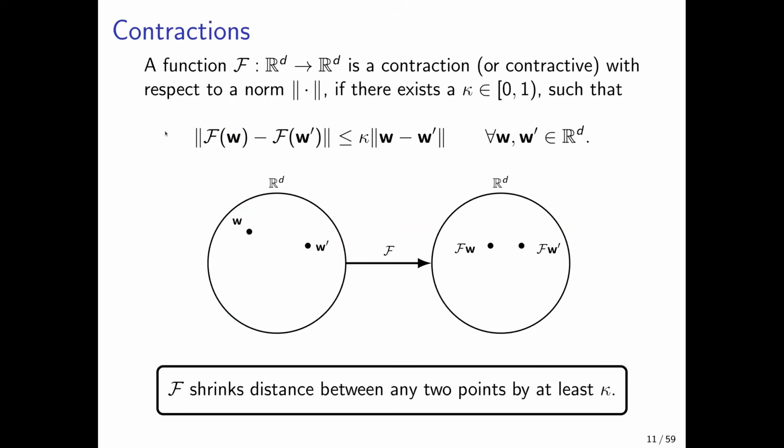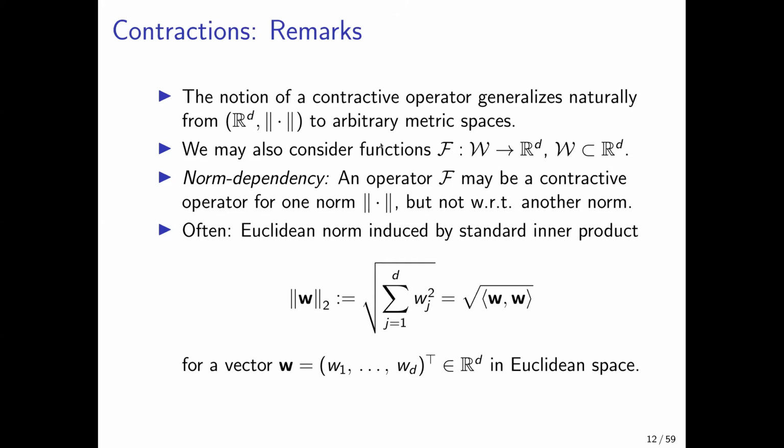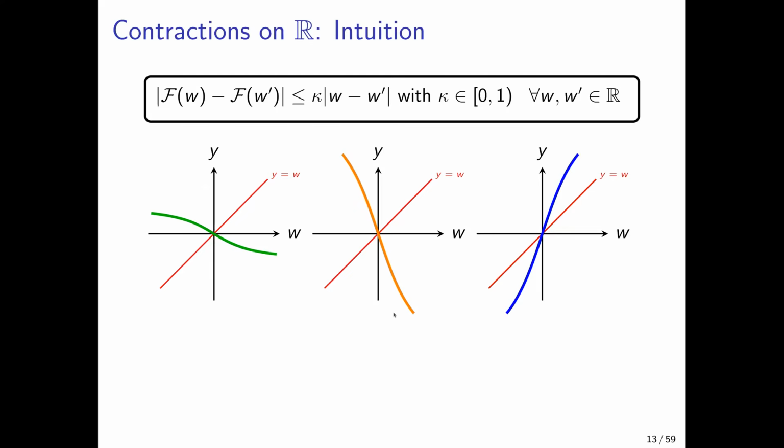So this property really depends on the specific norm we are choosing here. So this is very important to keep in mind. And while we have formulated this for general norms, in many cases we will just consider the Euclidean norm or L2 norm, which is the standard norm on Rd, which is also induced by the standard inner product on Rd.